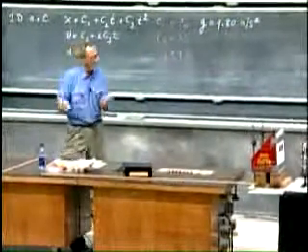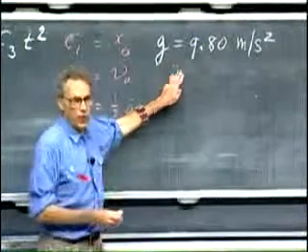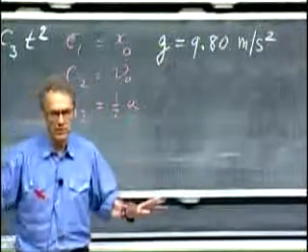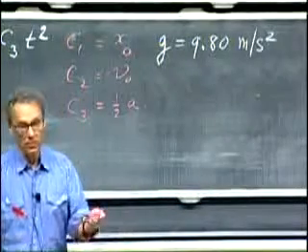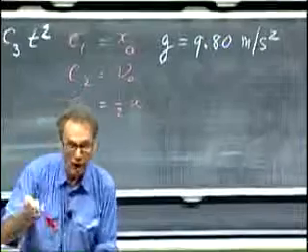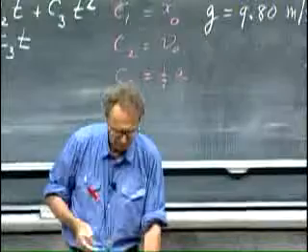Is it obvious that the gravitational acceleration is independent of all these quantities? By no means. Is it true? We think so. But I want you to appreciate that it is not obvious and it cannot be proven from first principles.